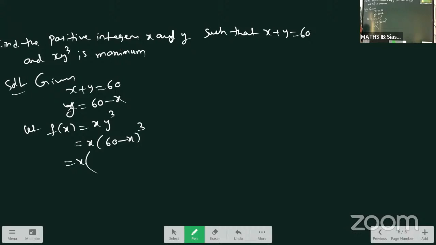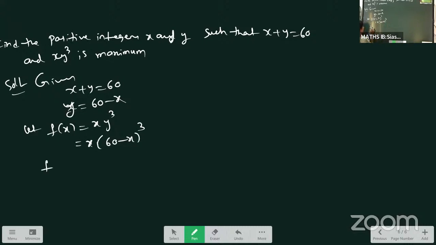Two ways you can do. Either you differentiate directly using the UV rule or expand it with the known formula. Whichever you feel is easy, you can do. So keep it UV rule and simplify. That will be better, because (60 minus x) cube is a lengthy one.